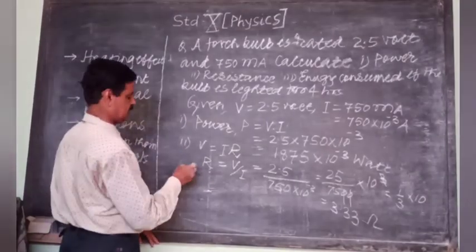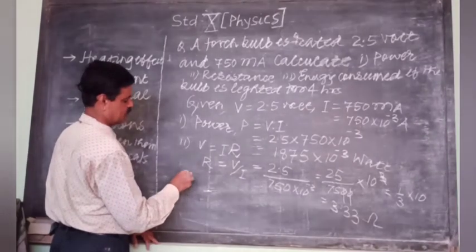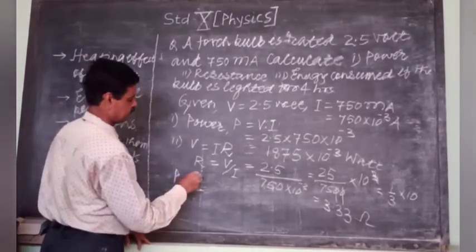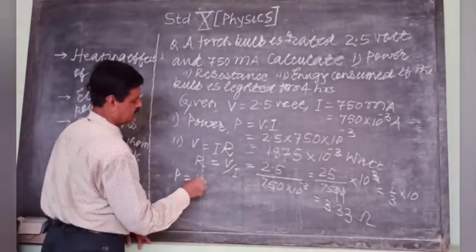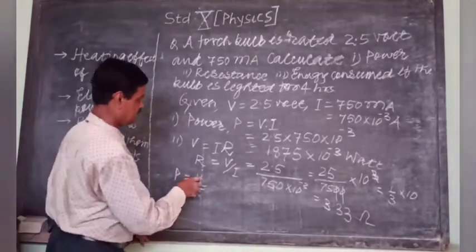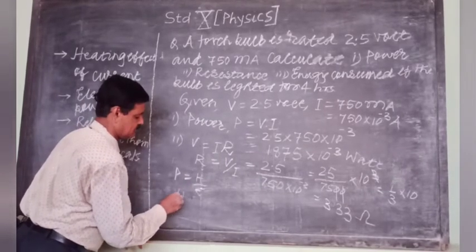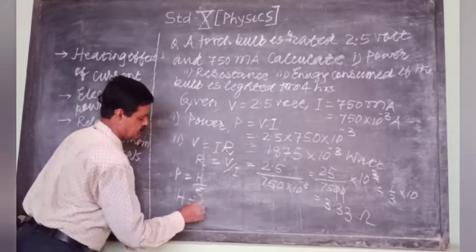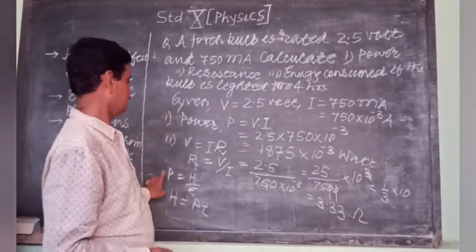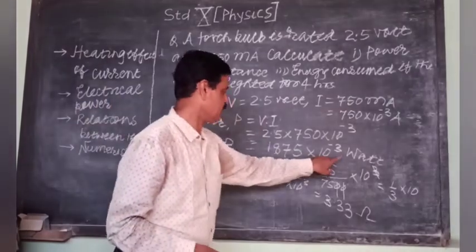Formula for energy, just we have seen, P is equal to H by T or E by T? H by T or E by T. So energy consumed, H is equal to, it is the form of energy, P into T. If you put the value of P and T, P is already calculated here.